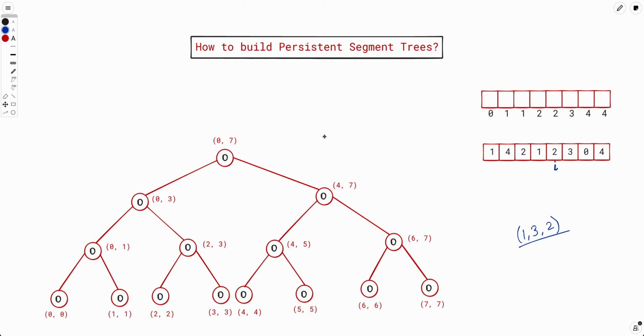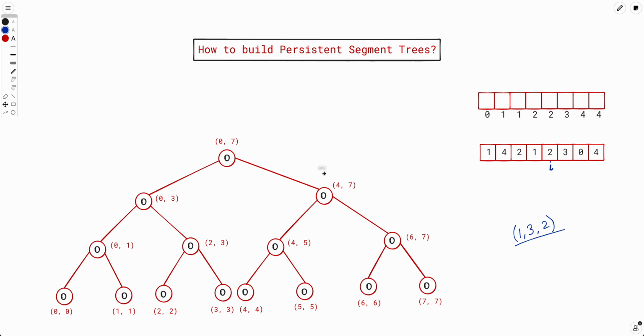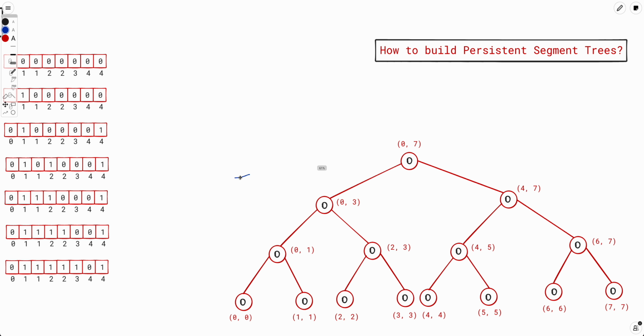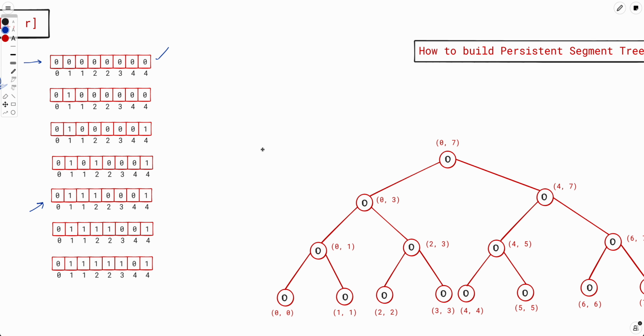As discussed in the previous video, building a persistent segment tree is based on the fact that we will reuse the previous segment tree and only change the nodes which are changing in the new segment tree. So if you remember, we need to build a segment tree first on this particular array. Let's say this is the segment tree on this array.